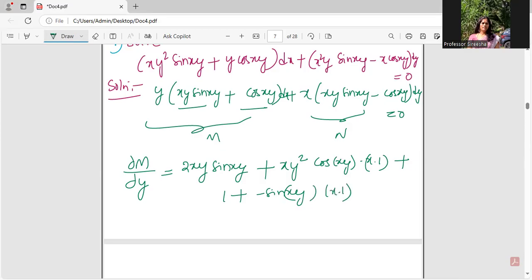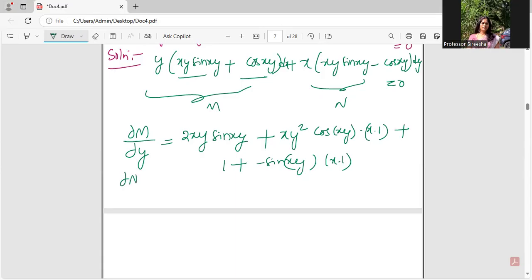Let's observe what would be dou N by dou x, guys. Let's see, it looks complicated. It's not. X squared y is there. So 2xy sin xy is as it is plus x squared y is as it is. Sine derivative is cos xy. Xy derivative with respect to x is y into 1.